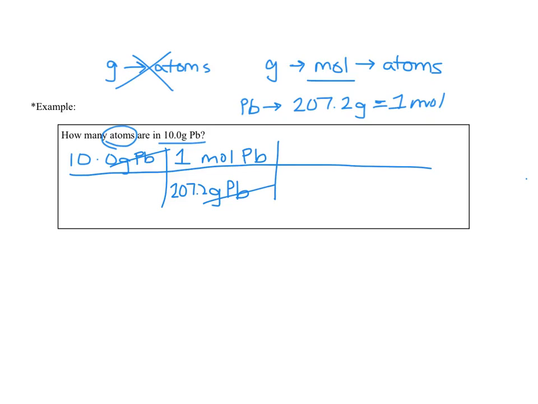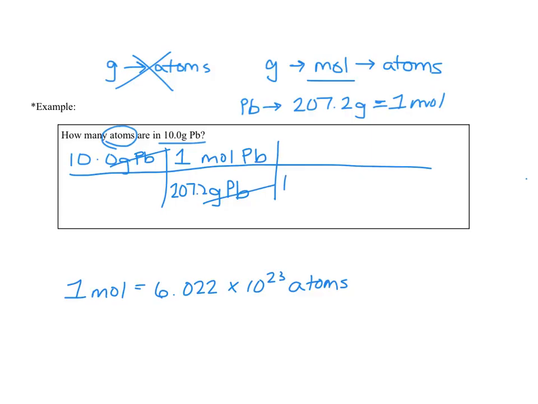Setting that up is going to cancel out my grams of lead units, and now I've converted from grams of lead to moles of lead. My next step is to convert from moles of lead to atoms of lead. This is where we're going to use Avogadro's number, where we have 1 mole equals 6.022 times 10 to the 23rd. This can be atoms or molecules or really anything. For this one, we're asked for atoms.